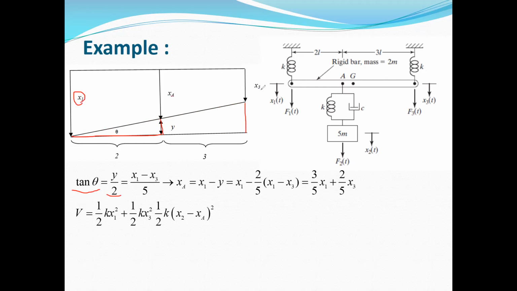So this length is equal to x1 minus x3 divided by the total length of the bar, which is 5L. So we can substitute here, calculate and simplify. From this equation you can obtain y as a function of x1 and x3: y is equal to 2 divided by 5 multiplied by x1 minus x3.